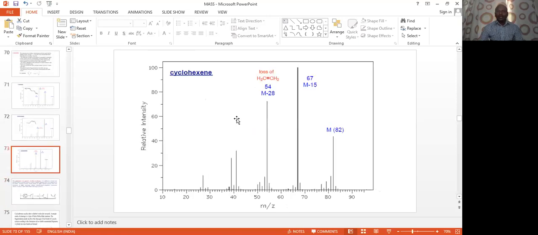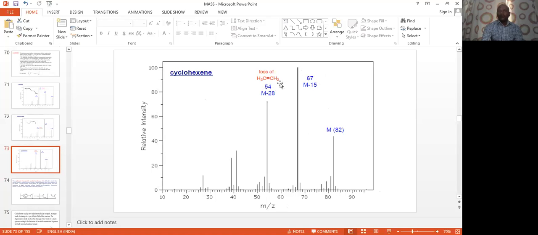So next is cyclohexene. In cyclohexene, again there is loss of CH2=CH2, so you have m/z value 54, and again loss of CH3, a methyl unit, m/z value 67.